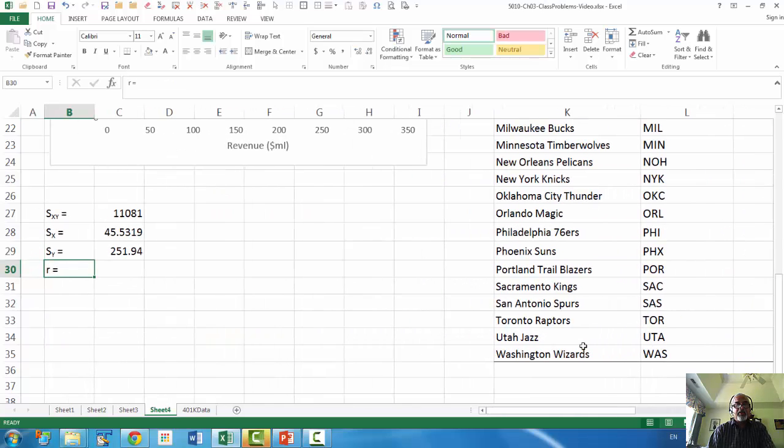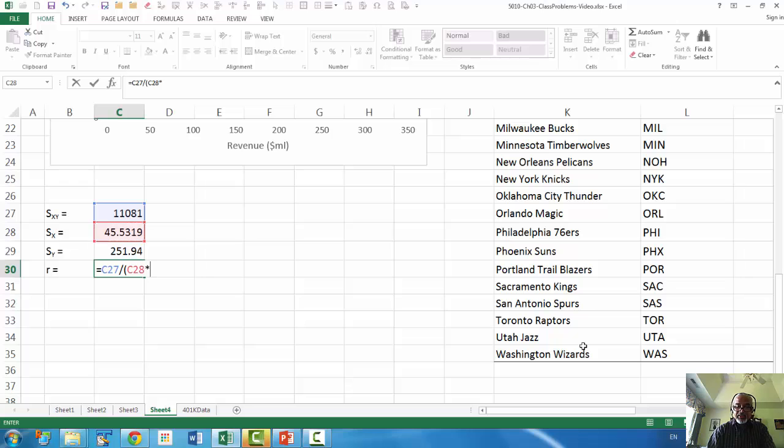Okay, so now the correlation is the covariance divided by the product of S sub x and S sub y. So that will give us the correlation coefficient. And the sign tells us that there is a positive correlation, and the magnitude, which is really close to 1, says that there is a very strong correlation between revenue and current valuation.